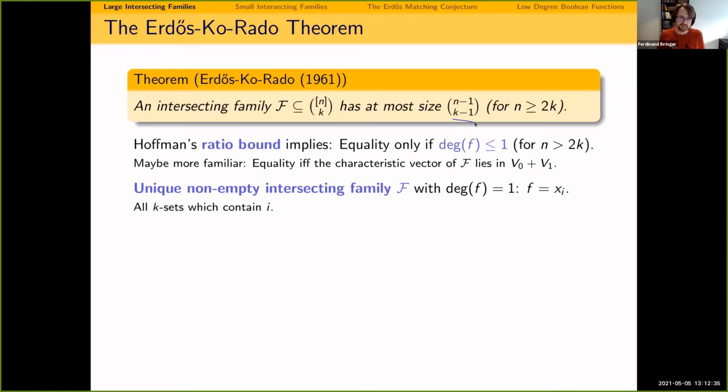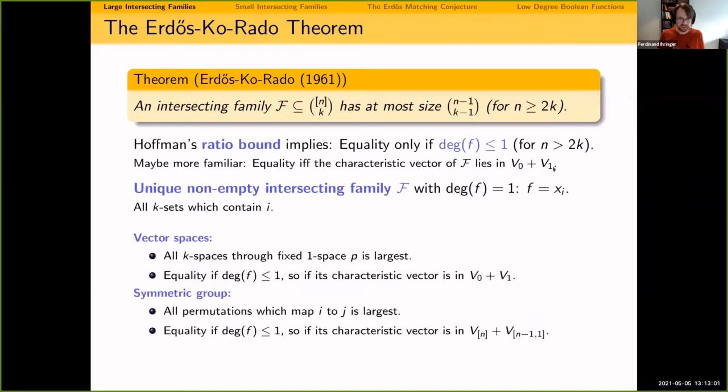And as we saw in Karen's talk, we have equality if and only if the characteristic vector of our family lies in the trivial eigenspace plus, in some ordering, the first non-trivial eigenspace. Now, exactly the same thing happens for vector spaces and the symmetric group. We have the same type of characterization.